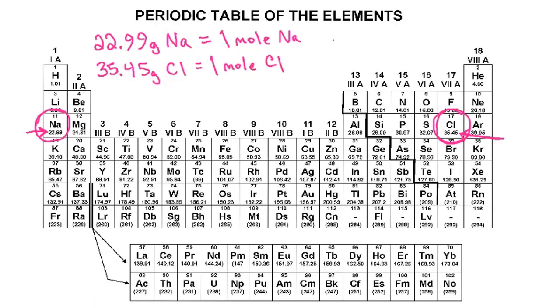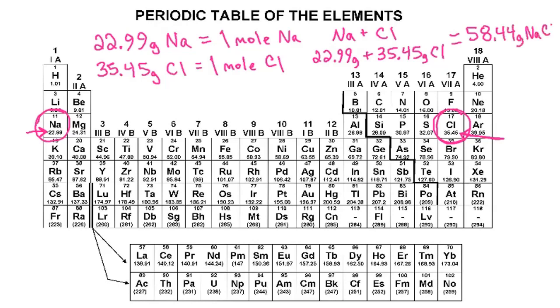Now NaCl is 1 mole of sodium plus 1 mole of chlorine. So if we take the 22.99 grams of sodium plus the 35.45 grams of chlorine, we will end up with 58.44 grams of sodium chloride, and that is 1 mole of sodium chloride. So 58.44 grams is how many grams are in 1 mole of salt.